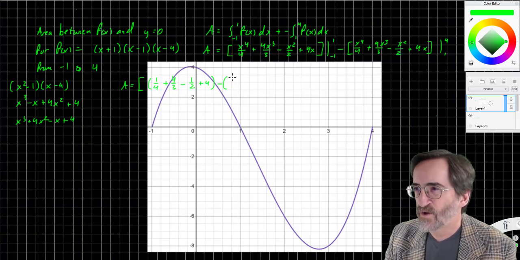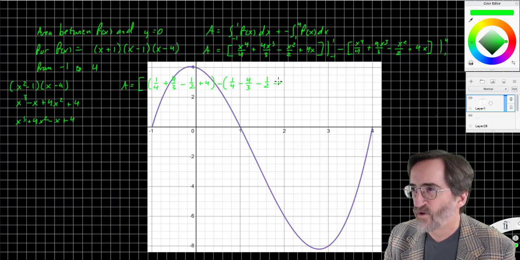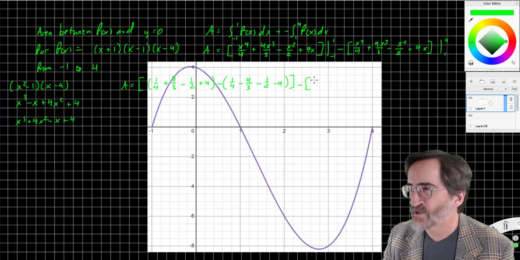So -1 to the 4th is 1/4. -1 to the 3rd is -1, so minus 4/3. -1 squared is 1, but it's minus anyway, so minus 1/2 minus 4. That's the first part. Minus, and insert 4. 4 to the 4th is 256 over 4, which is 64.